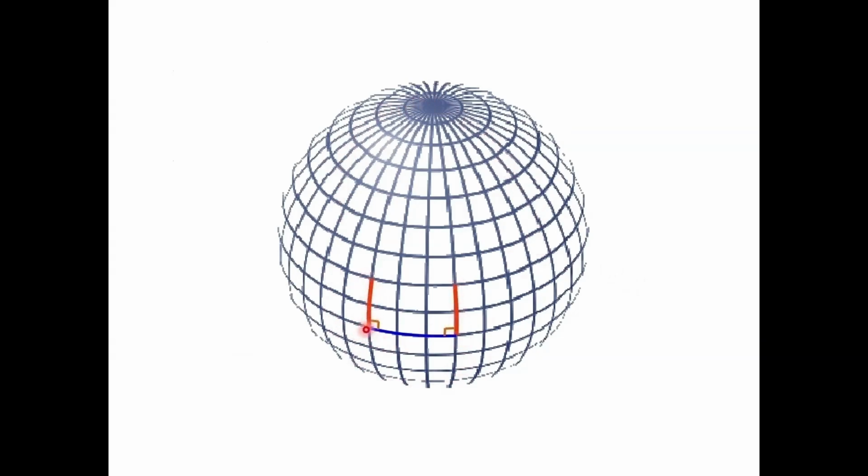They are connected by a third geodesic, this blue line, that is perpendicular to both of them. It's perpendicular at this point to this geodesic, and at this point to this geodesic. So these two geodesics are parallel to each other at these points.